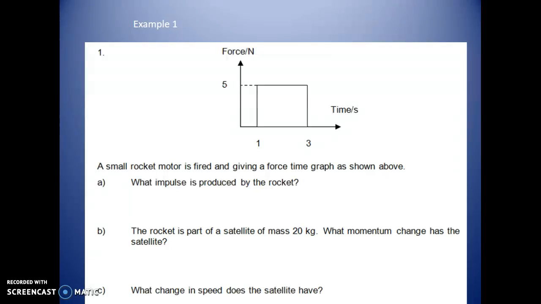As an example, number 1, a small rocket motor is fired and given a force time graph as shown above. What impulse is produced in the rocket? So if you'd like to pause here and just try these quickly on your own. The rocket is part of a satellite of mass 20 kilograms. What momentum change has the satellite got, and what change in speed does the satellite have?